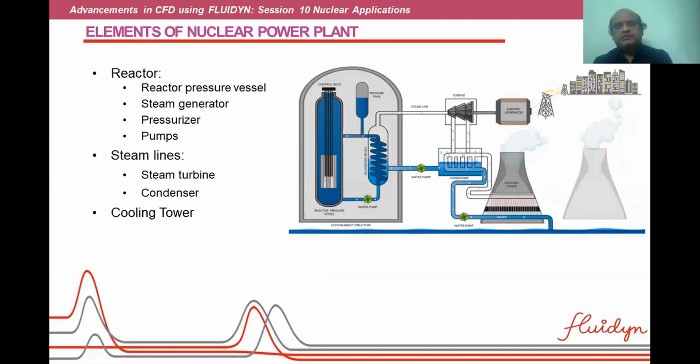So this heated water is taken to a steam generator where it heats another circuit of water, generates steam, which is passed to steam turbines and generates electricity. And the residual heat is taken out of the system to a cooling tower or into a reservoir.